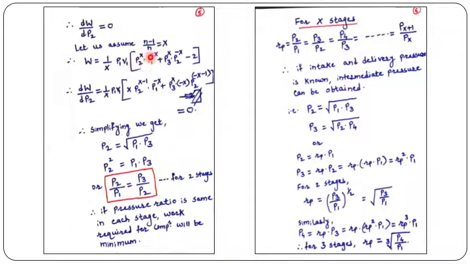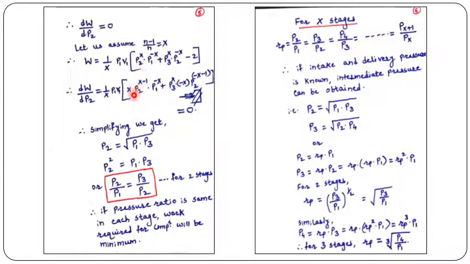So, I will take all the terms in the numerator, so that it will be simple for me to differentiate this with respect to P2, and then equate it with 0. These terms are constant, only P2 is varying. So, I will take differentiation of P2 only in these two terms, and then I will write an expression for dW by dP2 and equate it with 0.